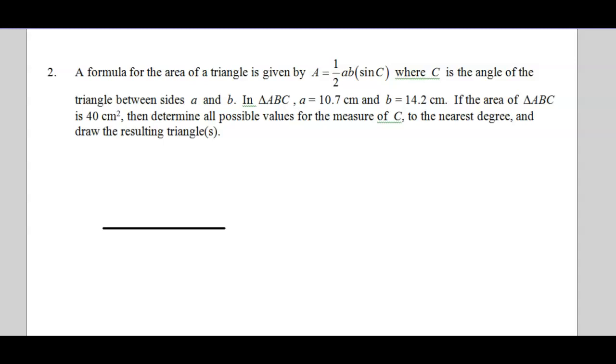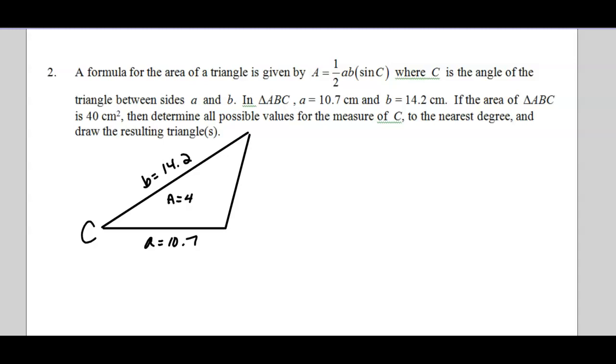You don't know what the angle is, but let's call A 10.7, B 14.2. So here, my A is 10.7, B equals 14.2, so C is here. And we're told the area is 40.